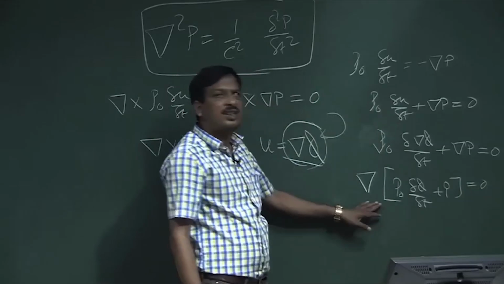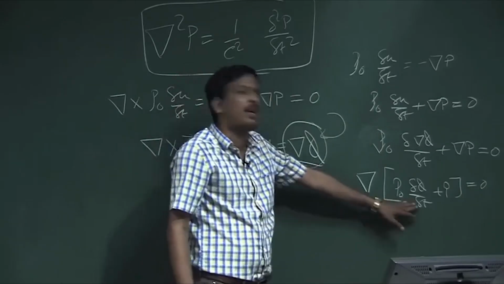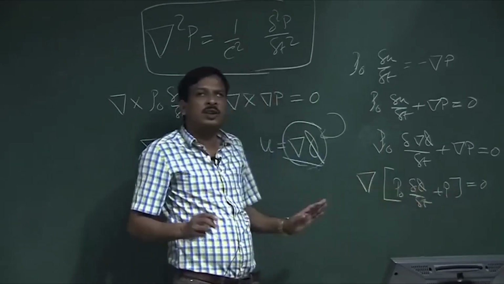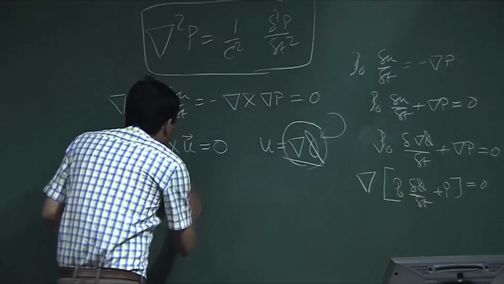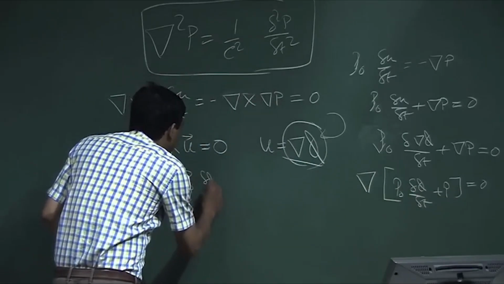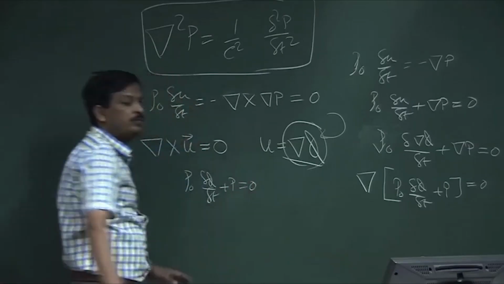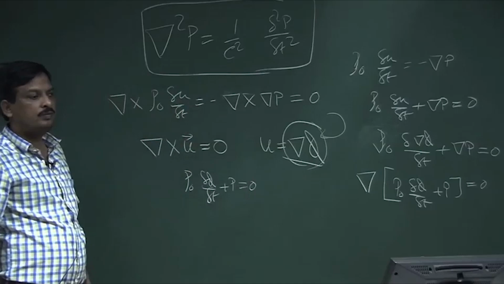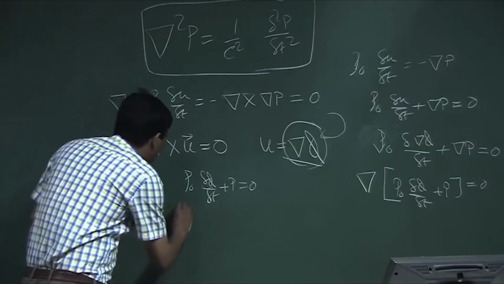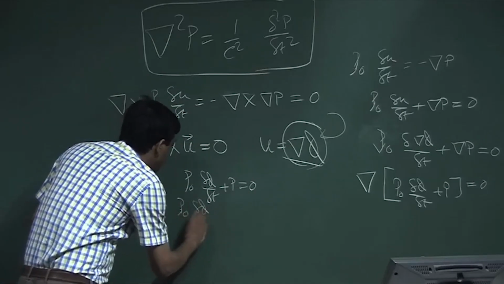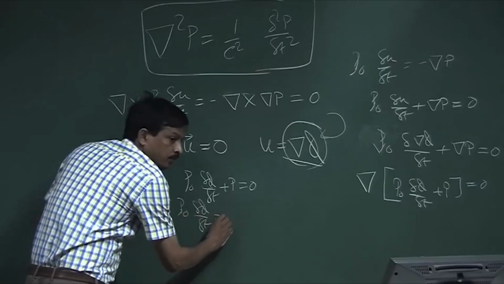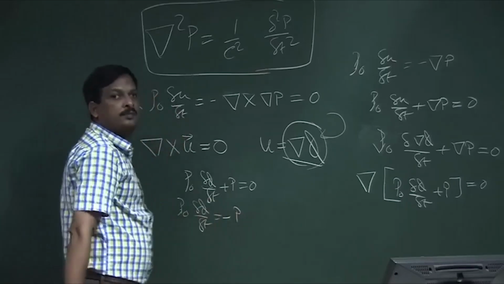If the gradient of some function is equal to 0, that means rho 0 del phi by del t plus p is equal to 0. So, rho 0 del phi by del t is equal to minus p.